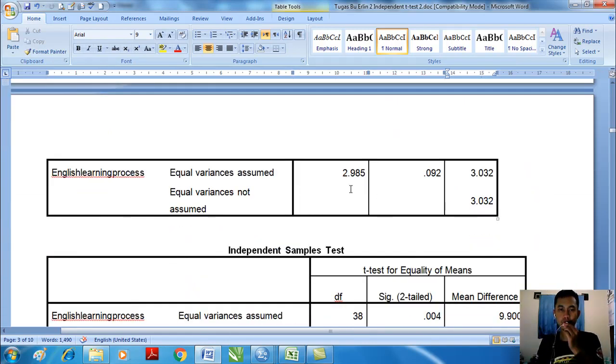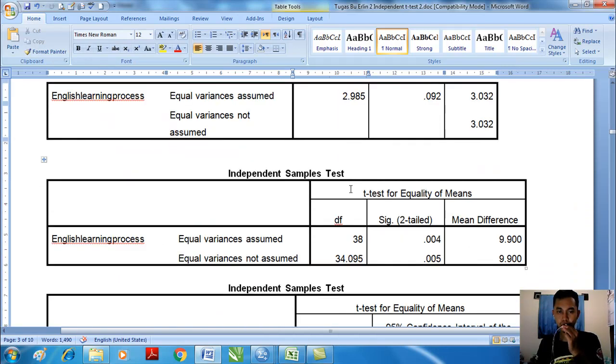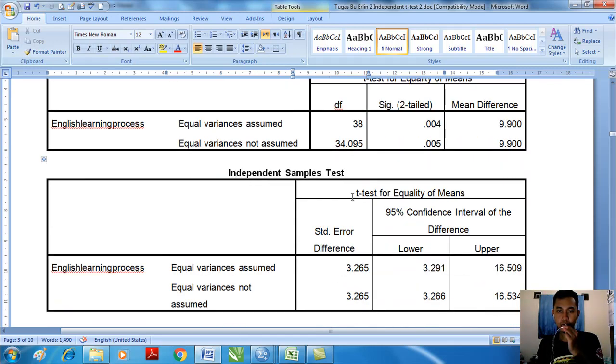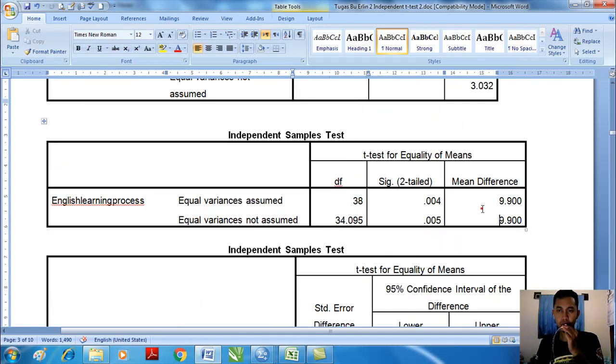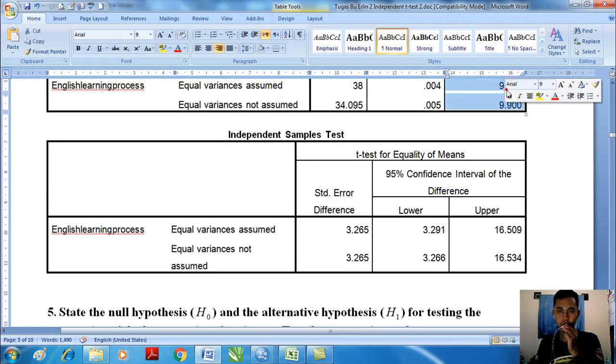This is the mean difference. Because this is the same, equal, it means it is the same mean difference.